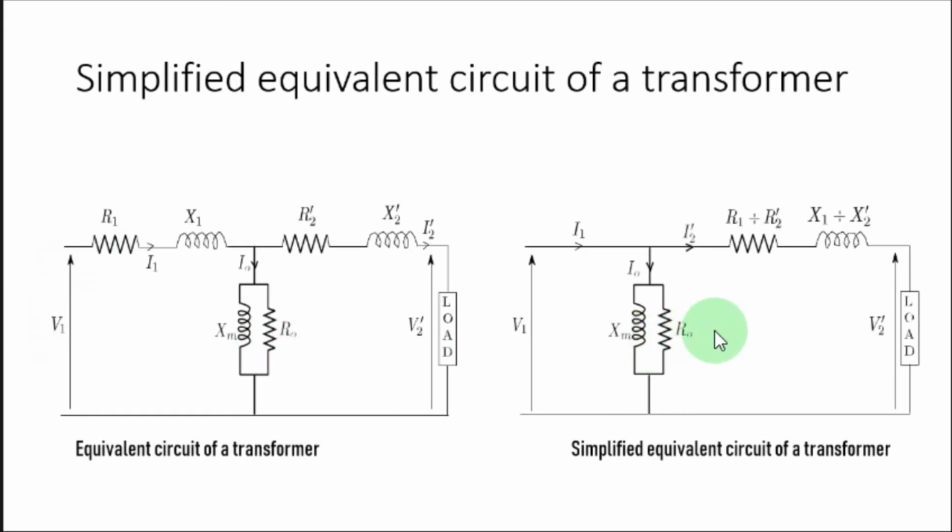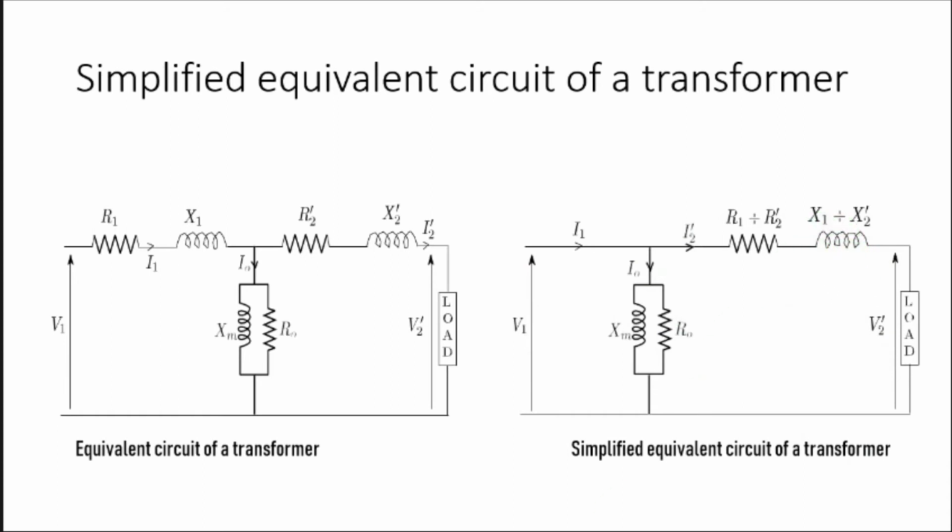Therefore it will simplify the circuit so that we can add these resistances and reactances which are in series. So from here onward, as the equivalent circuit for a transformer, we are going to use this model, right?